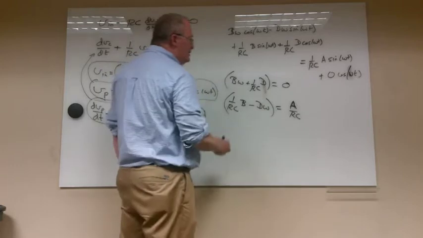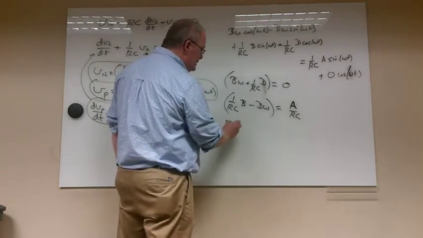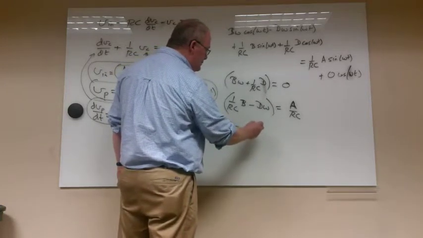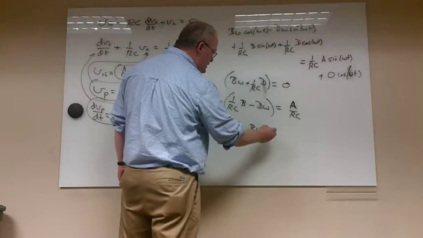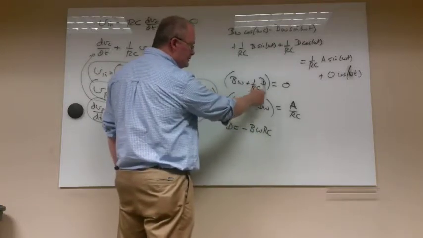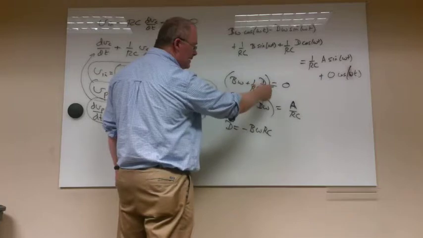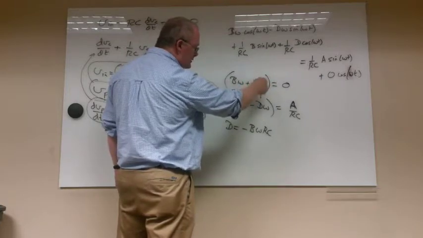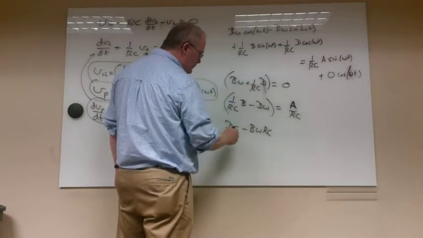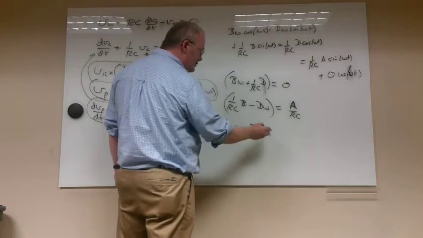Top equation, we can go ahead and work that out. We can say that D is equal to negative B omega RC. All I'm doing is putting this on the other side of the equation, multiplying both sides by RC, and then dividing by negative 1. So D is equal to negative B omega RC.